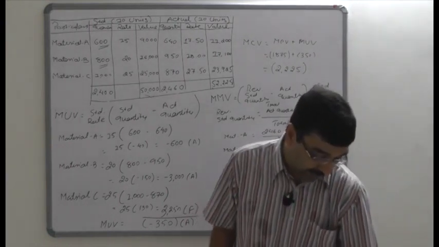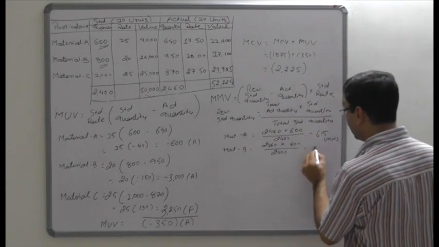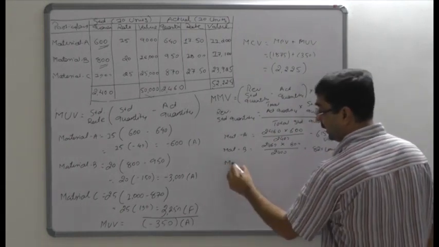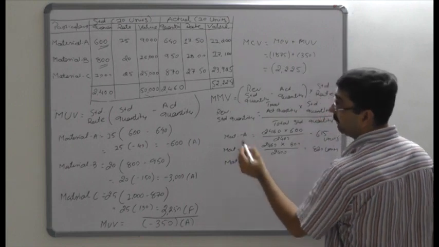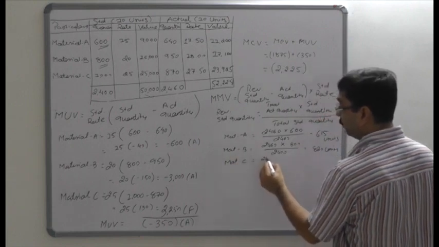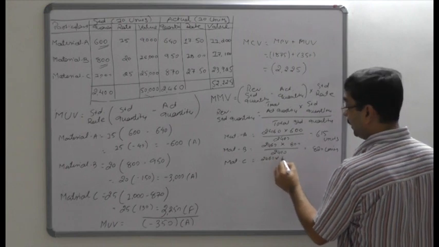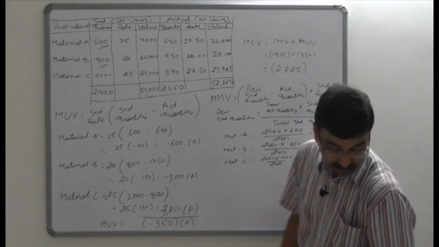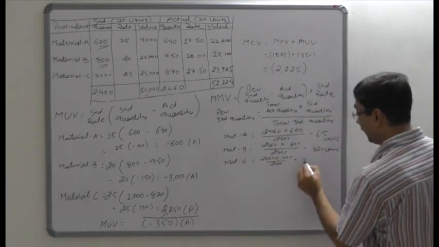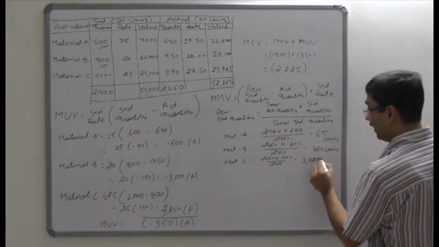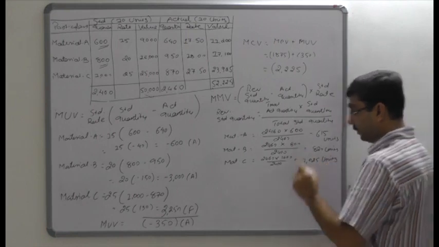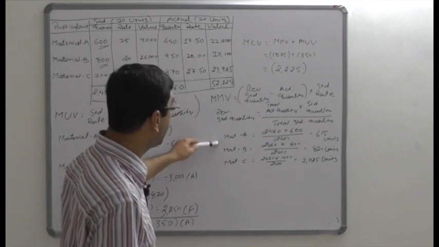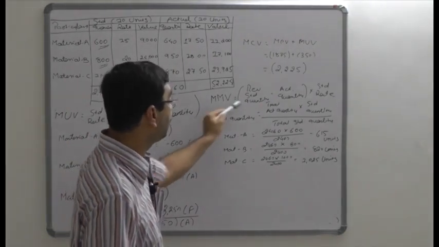Your revised standard quantity for material B is 820 units. And for material C, again we calculate it in the same way: 2460 into 1000 divided by 2400 comes to 1025 units.